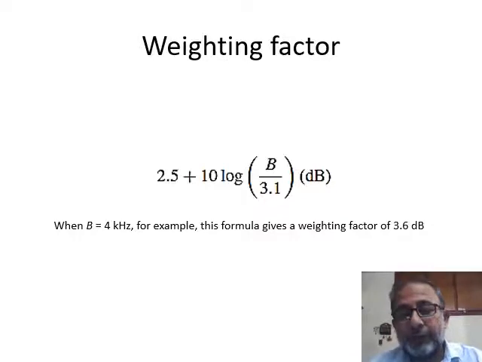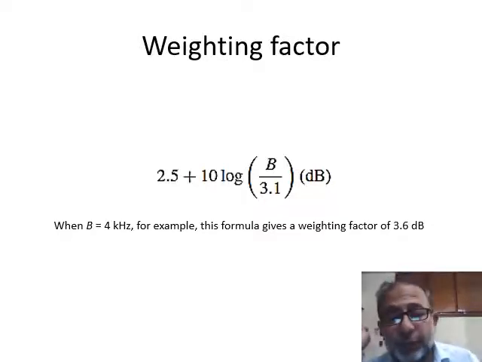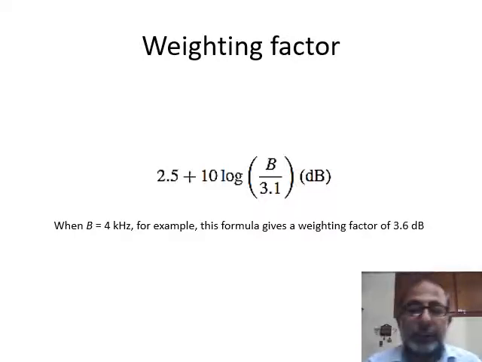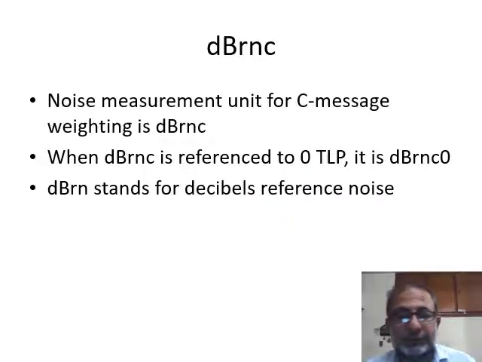And why did we use 3.1? Because we are using 3.1 kilohertz of reference bandwidth, and 2.5 is the noise advantage in the psophometric system. That's why our weighting factor comes out to be 3.6 dBs.